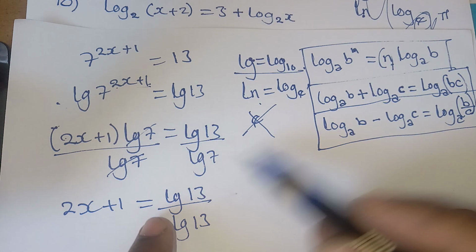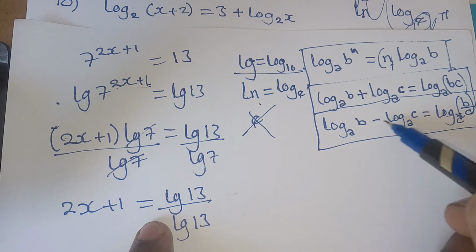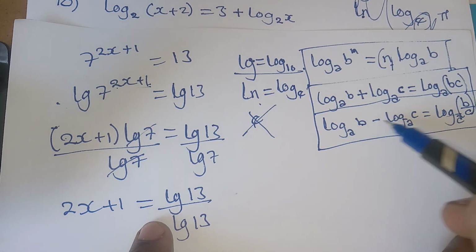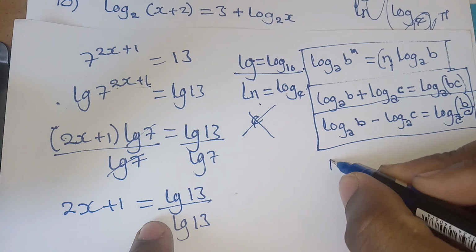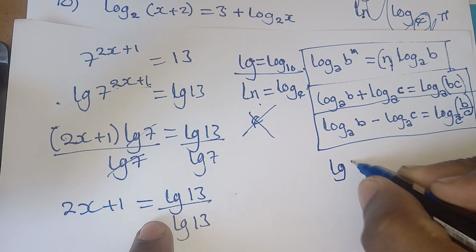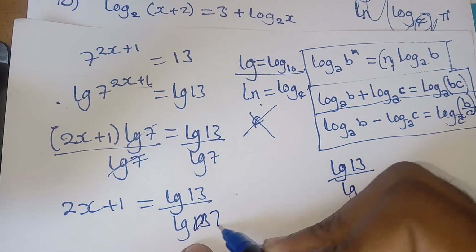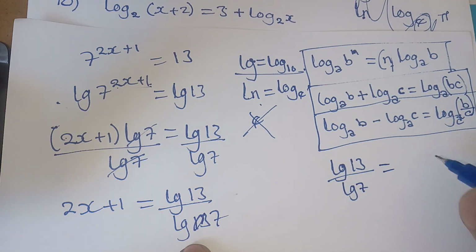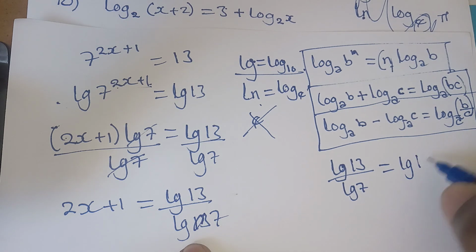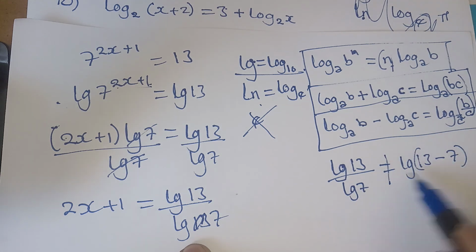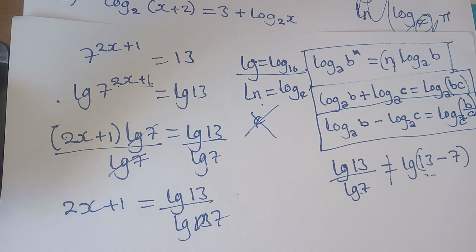We only apply this rule when you are subtracting the logs. It's not true to say LG 13 over LG 7 is the same as LG 13 minus 7. This is not correct. Make sure you take note of that.